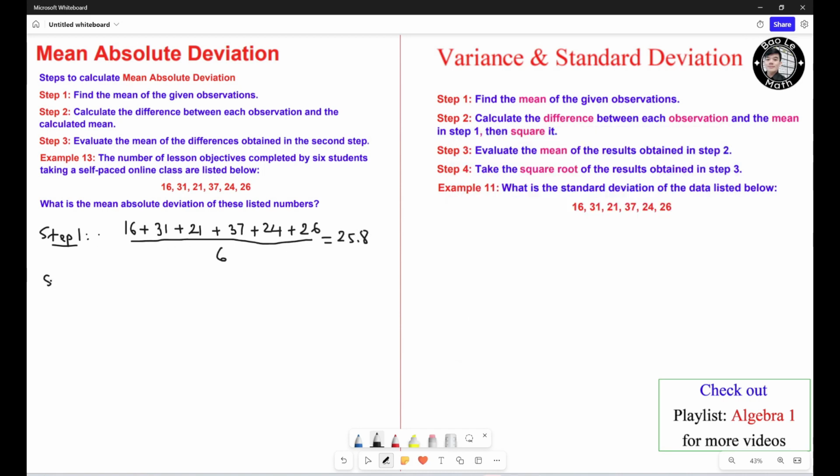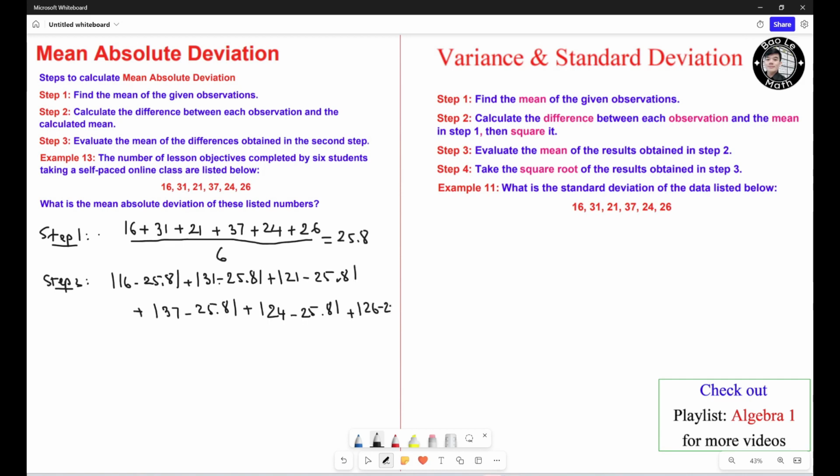Step 2: absolute value of 16 minus 25.8, plus absolute value of 31 minus 25.8, and so on until the last one, 26 minus 25.8.